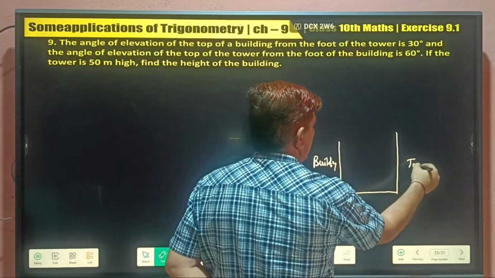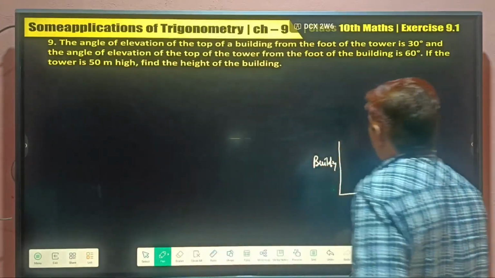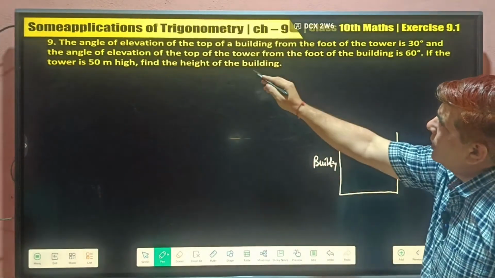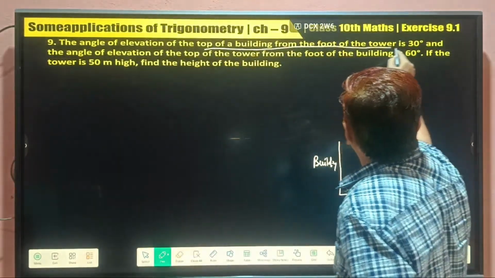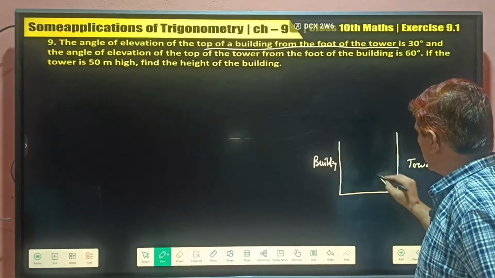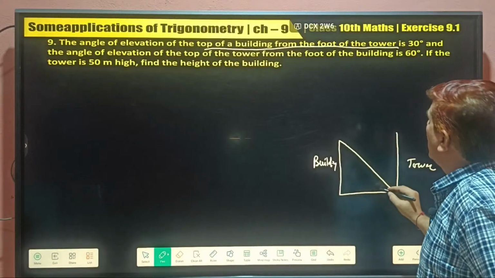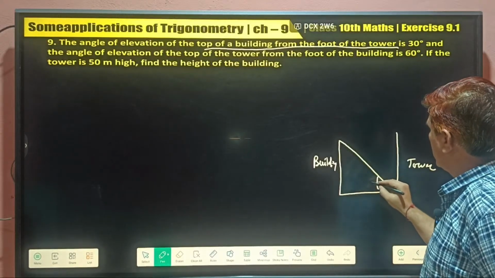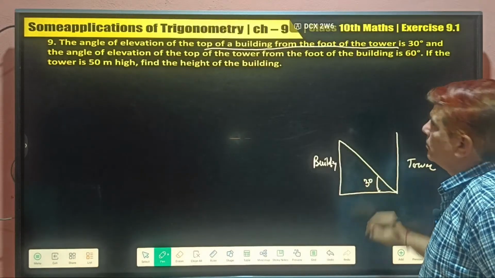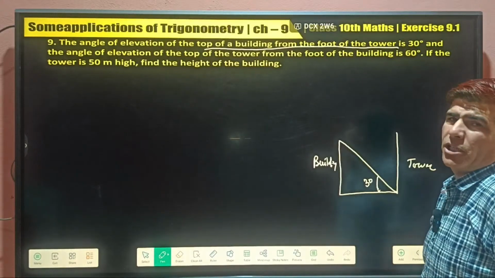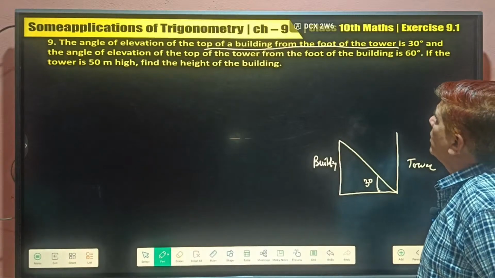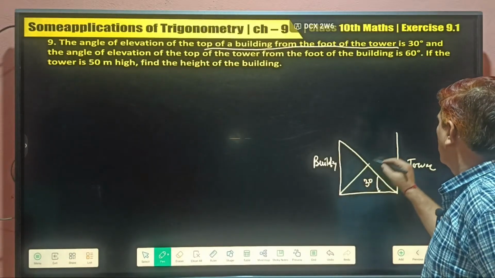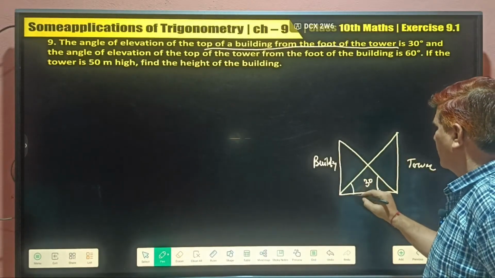This is the tower. The angle of elevation of the top of the building from the foot of the tower, this angle, is 30 degree. And the angle of elevation of the top of the tower from the foot of the building is 60. This angle is 60 degree.